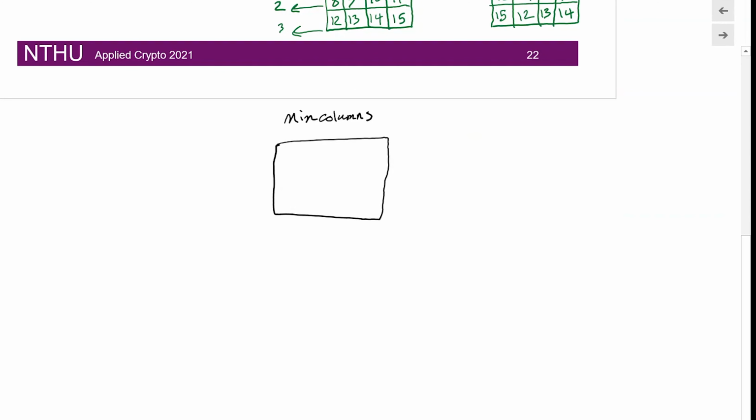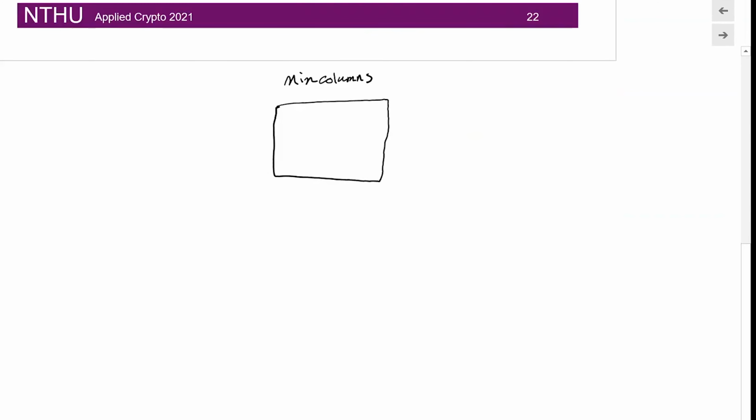So in the mixed columns, the story would become a little bit different. I want to look into the columns. I don't care about the rows anymore.